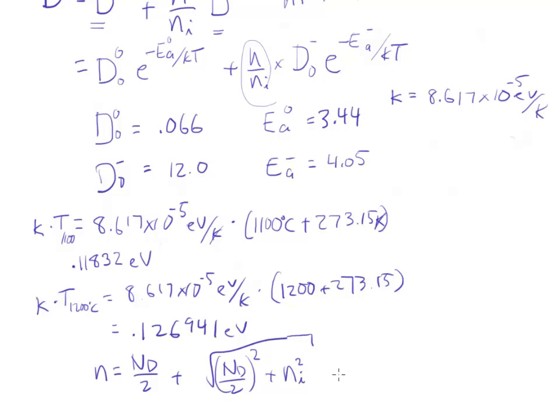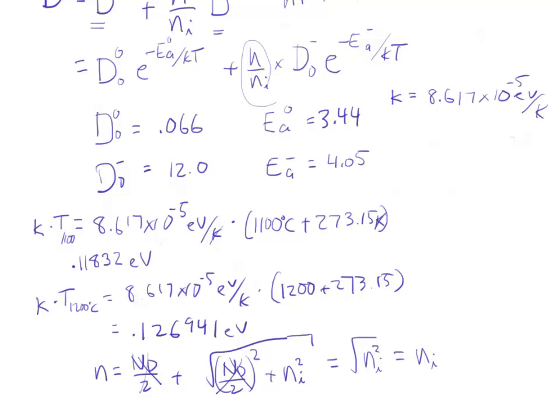Now just like in the previous example 3.1, we're assuming intrinsic, it says to assume intrinsic diffusion, which means that nd is very small compared to ni. So in that case, these two terms disappear, and we end up with n equals the square root of n sub i squared, but that's just n sub i, so our n is equal to our n sub i.